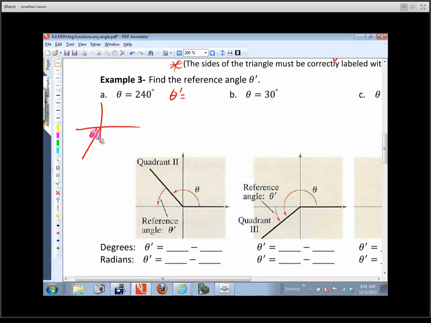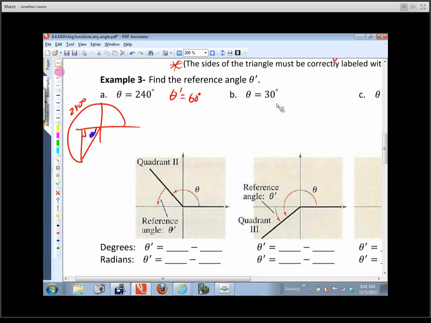If I drew a reference triangle, I'd drop a line straight to the x-axis, so it would look like that. I want to know how big this is. If this angle from standard position is 240 degrees, how big is theta prime? 60 degrees, because I used 90 degrees, 180 degrees, and there's 60 degrees left over for this one right here.